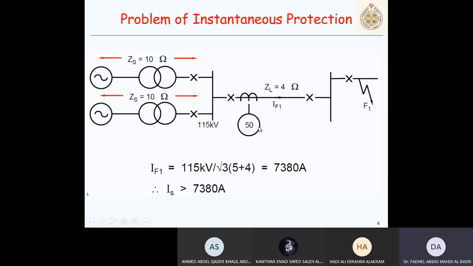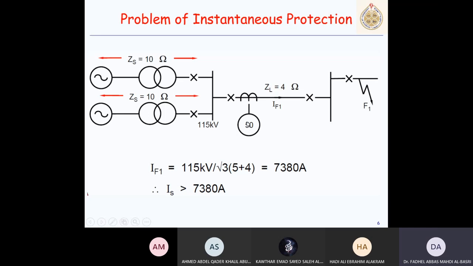Now, if we compare the instantaneous action of overcurrent relays, there are some situations where we cannot provide instantaneous action. One of them is when a fault here and a fault there are very close to each other. When remote fault current and local fault current are close to each other, we cannot provide instantaneous action.